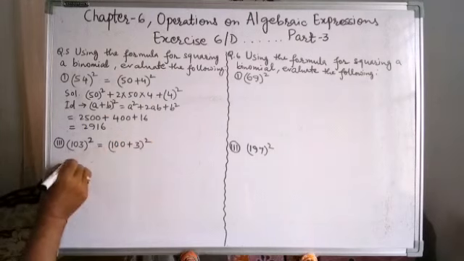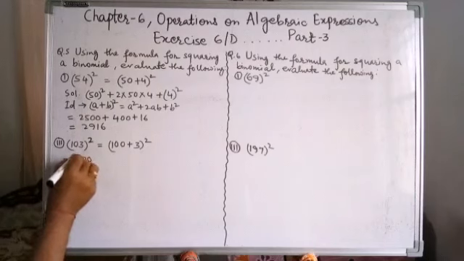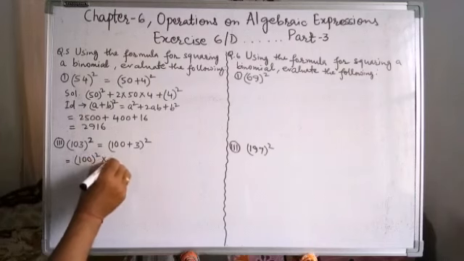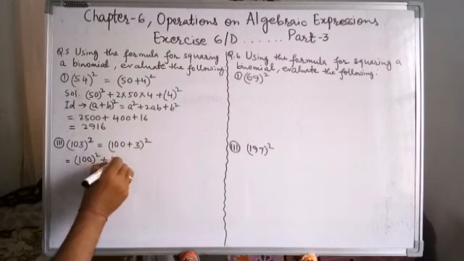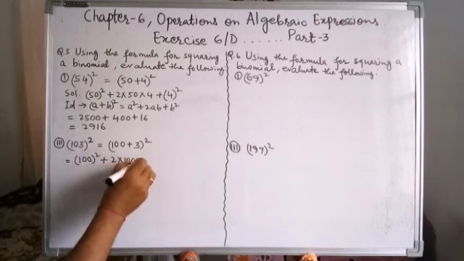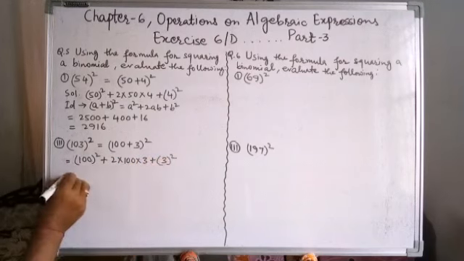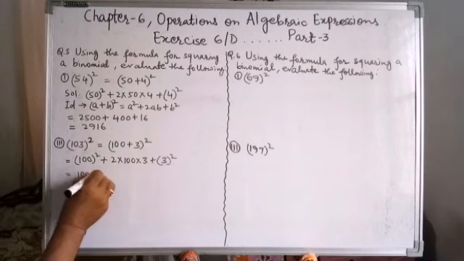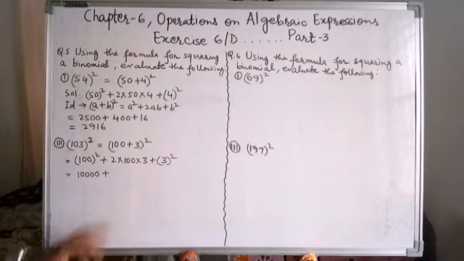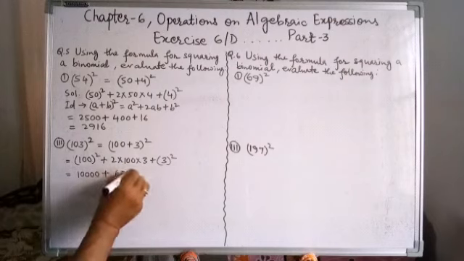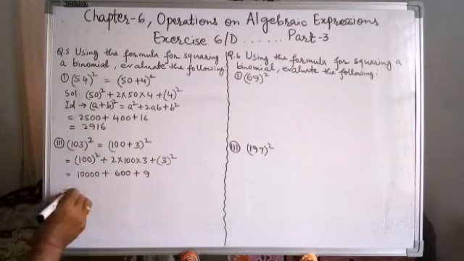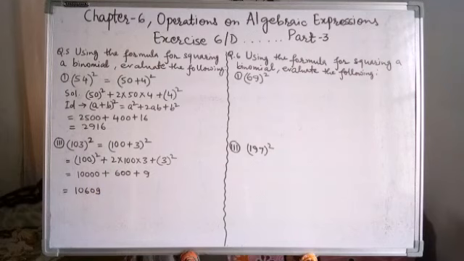Now that becomes square of 100 plus 2 into 100 into 3 plus square of 3, that is equal to 10,000 plus 100 2s are 200, 200 3s are 600 plus 9, 10609 is the answer.